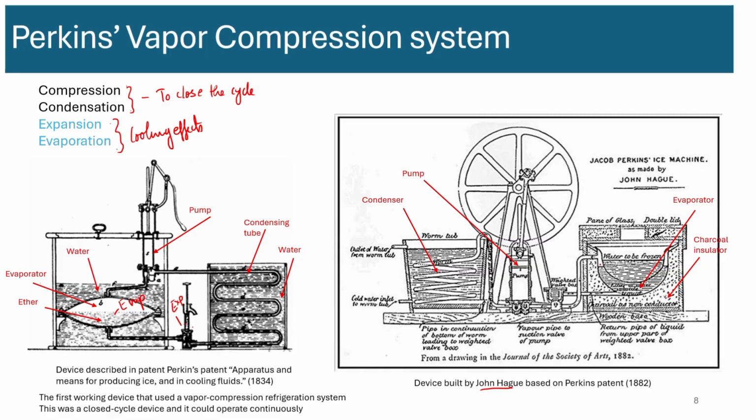Okay, so that's one detail that's missing in this patent, but it was improved upon by John Hague's design. So all these designs were able to create continuous running of a refrigerated appliance and a continuous production of ice.